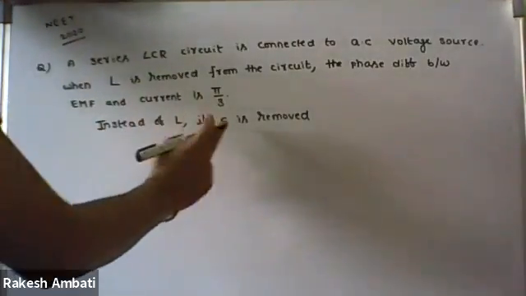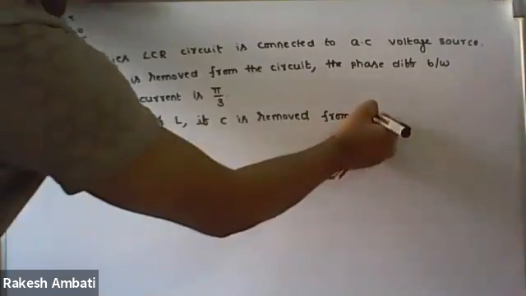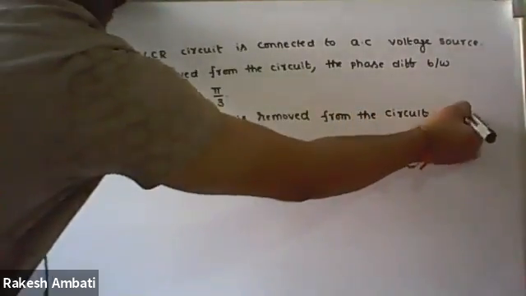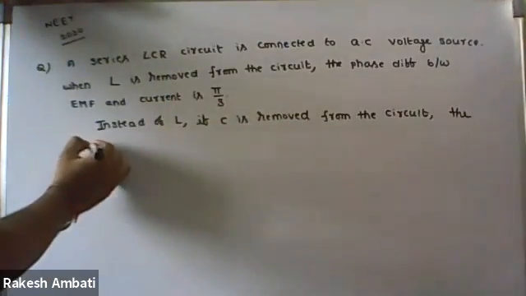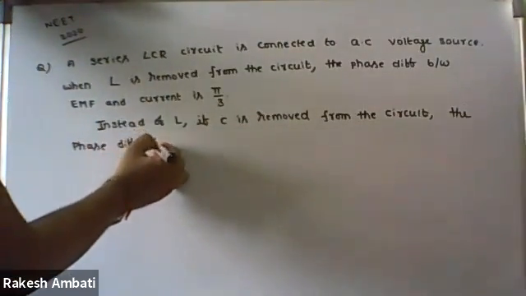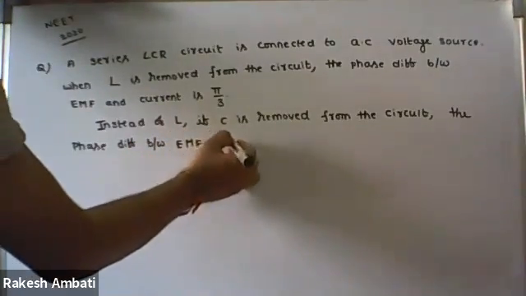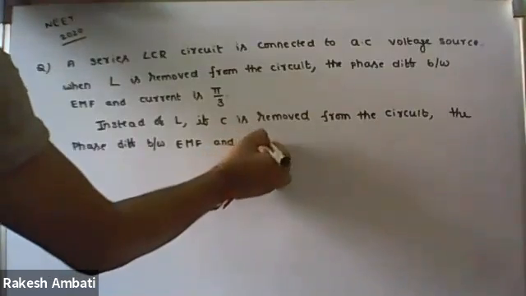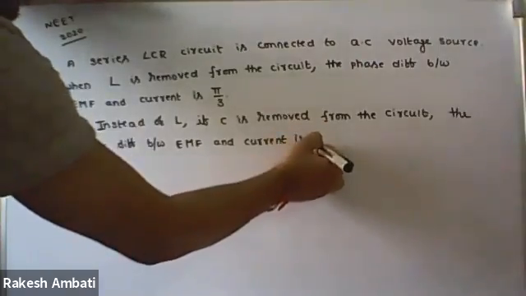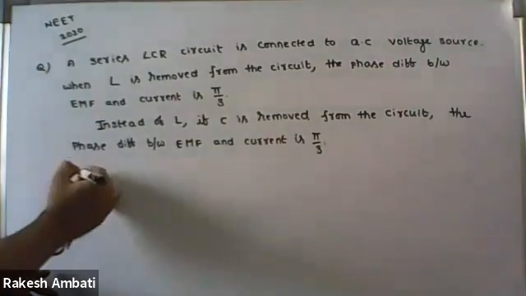So instead of L, if C is removed from the circuit, the phase difference between EMF and current is pi by 3.